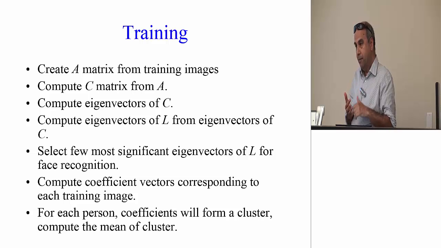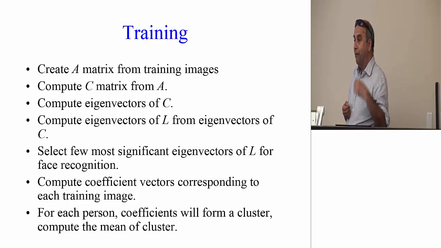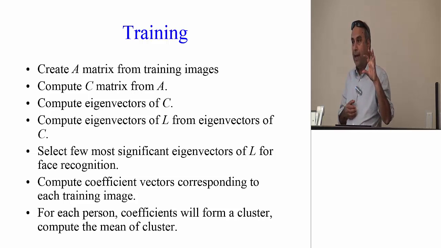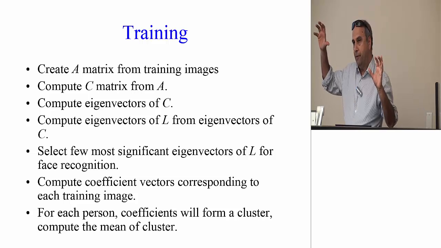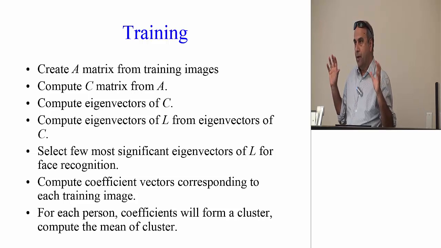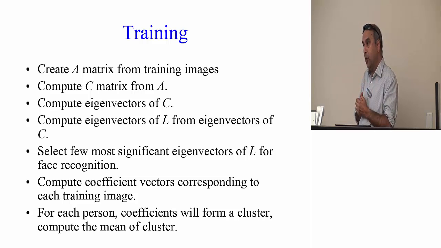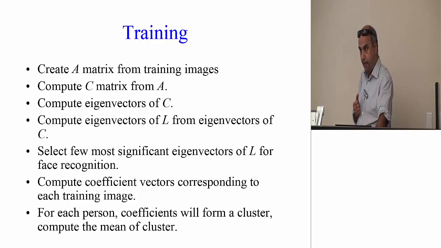Now once we have the bases of eigenvectors, we can find these coefficient vectors A, and find the A vector for each example of each person. Suppose we have 100 people and 10 views, so we'll have 10 examples for person 1, 10 for person 2, and so on. Since it's the same person, they should be similar, so they should be close together in the coefficient space.